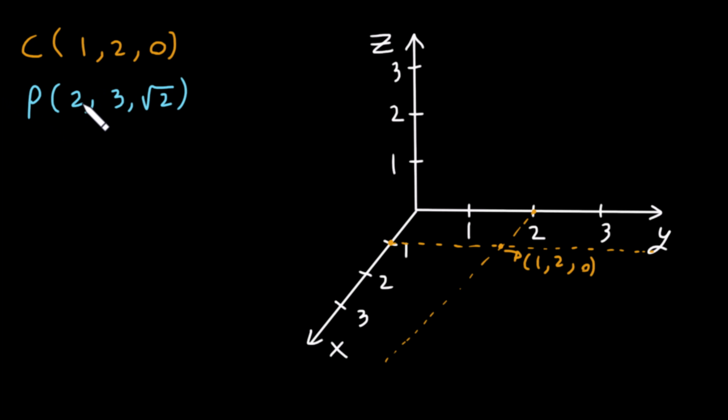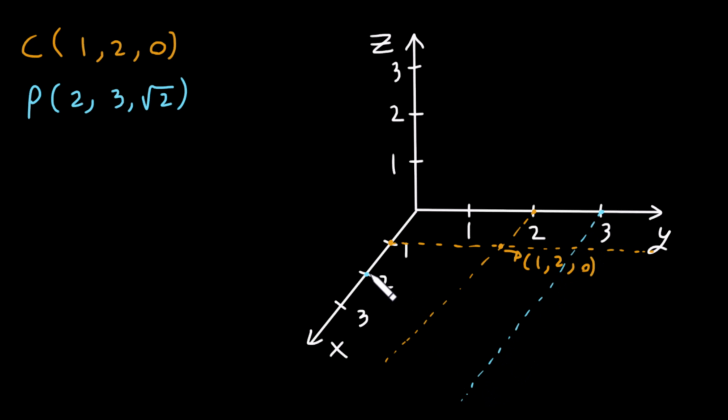Now let's plot this point. Here we have to go 2 steps to the right, which is here. Now from this point we have to go forward 3 steps. To plot it accurately, we have to plot the point (0, 3, 0), which is here. Then we have to draw a dashed line parallel to x-axis like this.